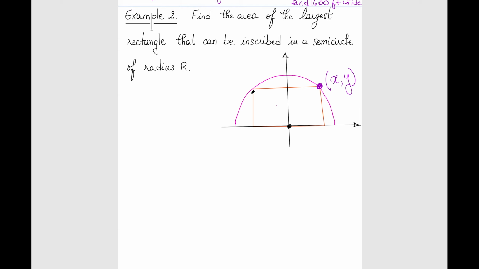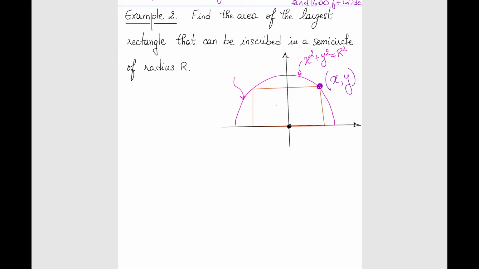What's the relationship between x and y? x and y are the coordinates of this point, and this point belongs to the circumference of that semicircle, right? And what's the equation of the semicircle? This is x squared plus y squared equals r squared, right? But you know more than this.